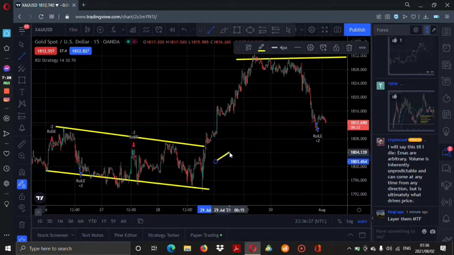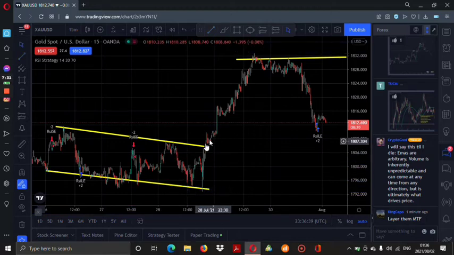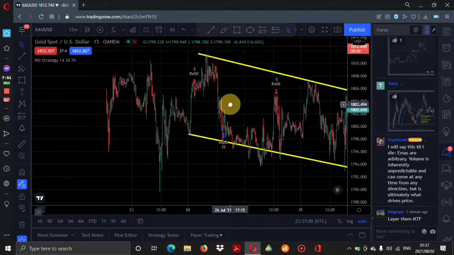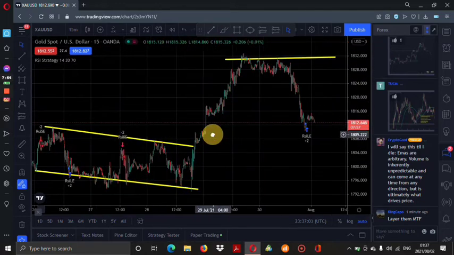And what I like about it is that once you see that the DXY is also dropping, you can actually analyze properly. So this is on my 15-minute time frame.